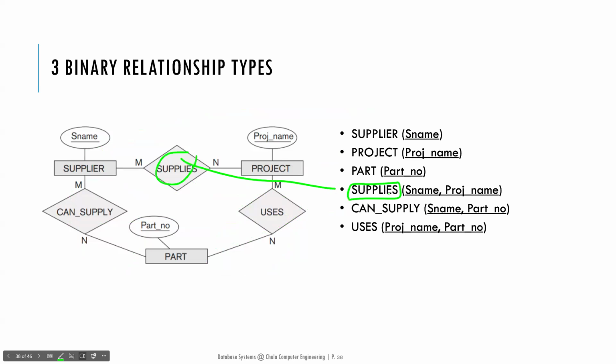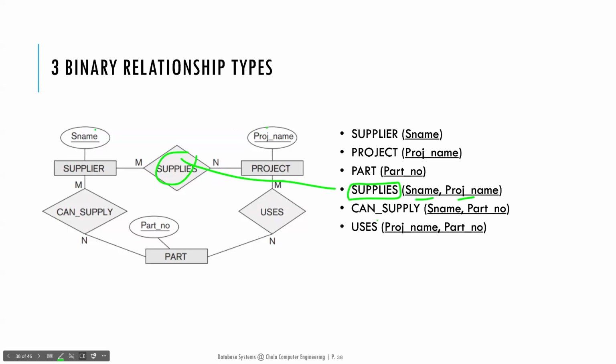For supplies, you will take as key whatever comes to it. So supplies links supplier and project, you have the S name and project name as key because it comes from here, this one and this one. Okay? You don't have anything to do with part, right?